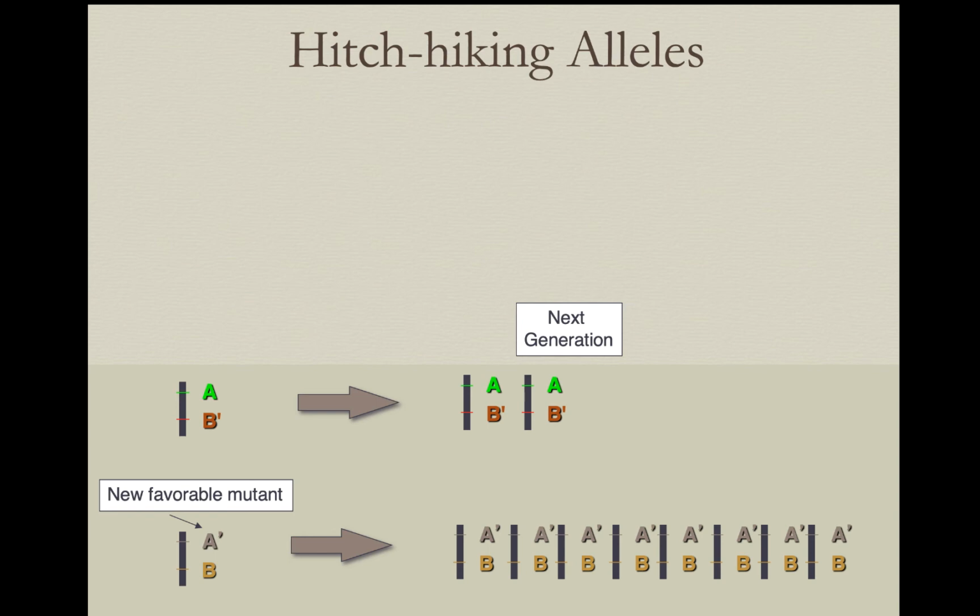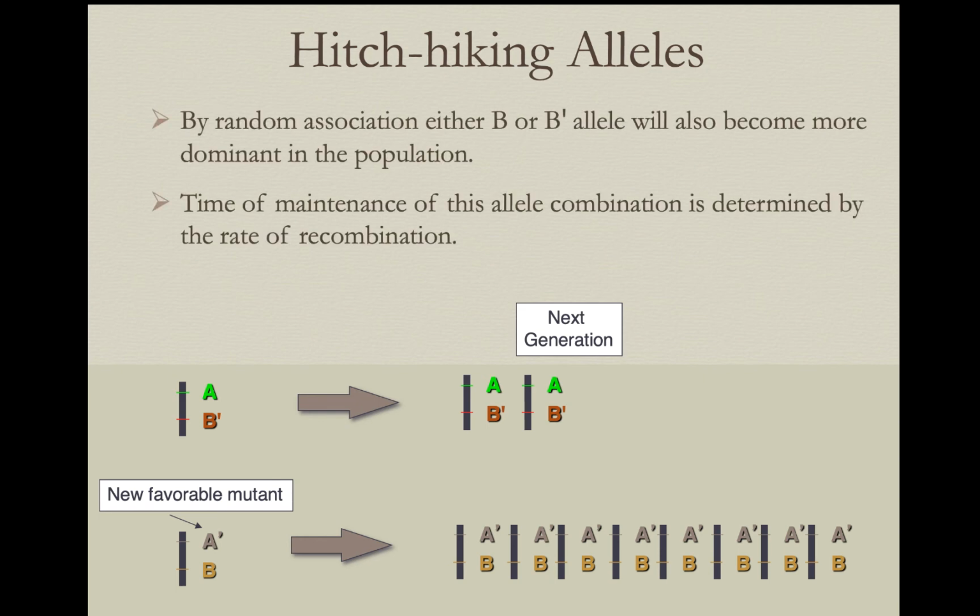Such that at the A locus, the individuals that had the original A allele, sometimes they were combined with the B allele at the B locus, and sometimes they were associated with the B prime allele. But when we get this new favorable mutation in the population, it has to be linked to just one of these alleles, and if it just happens to be associated with the B instead of the B prime, well, the B allele now is going to become much more common in the population.